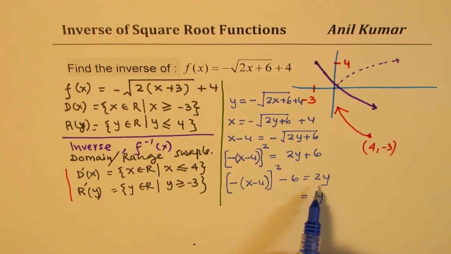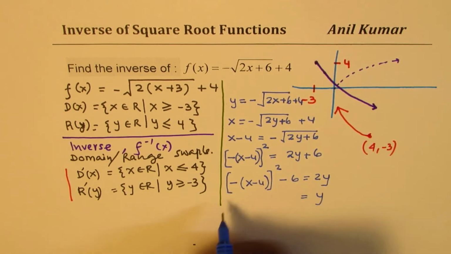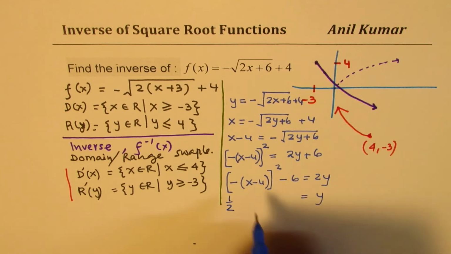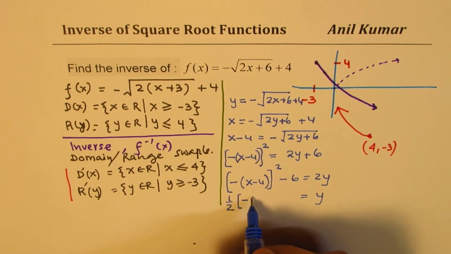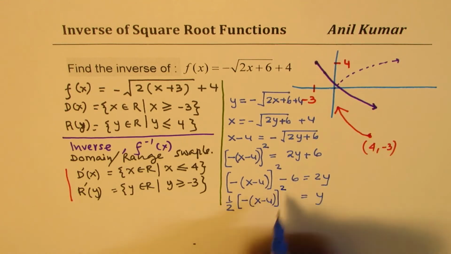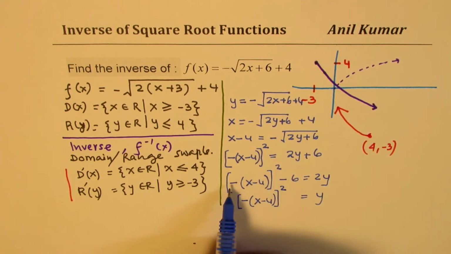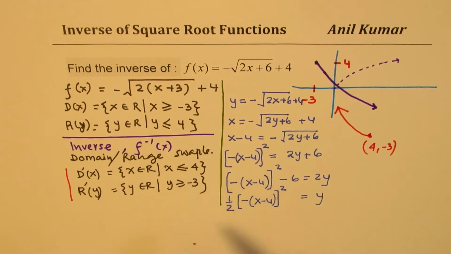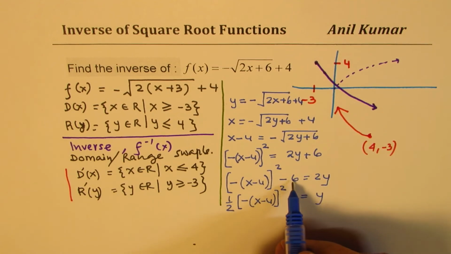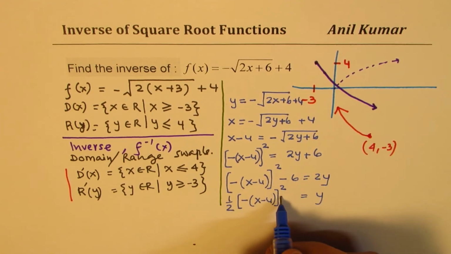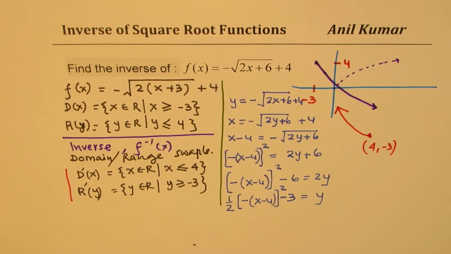Once we divide by 2, it becomes half of minus of x minus 4 whole square. Purposely, I'm not making it positive so that you can see what it is. Once we square, it becomes positive. All negative things will become positive. Dividing 6 by 2, we get minus 3 here. Correct?